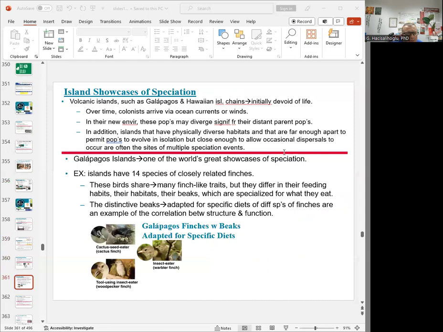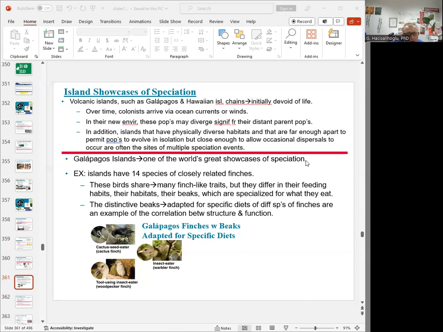So speciation, which we know from Darwin's observations and his book. He visited a really interesting place called the Galapagos Islands, and there he observed a number of species that led him to his hypothesis that biogeography is more important than environmental similarity. What does that mean?